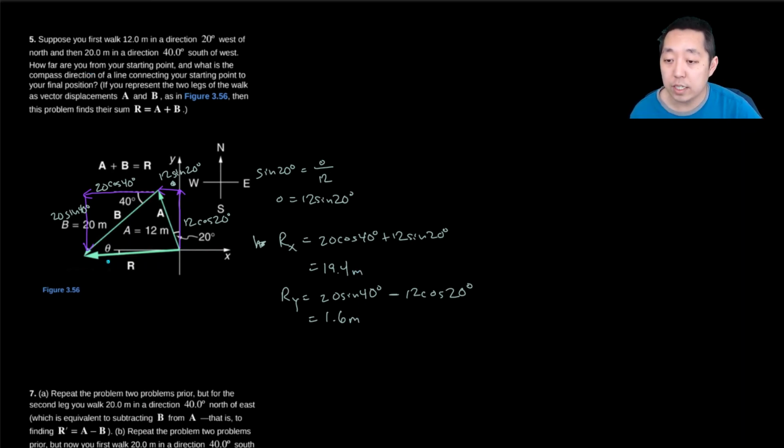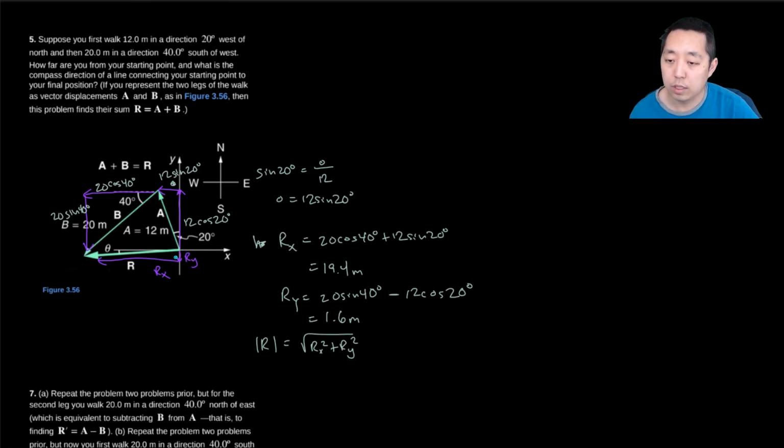And so last, I just need to find the length of this at this point. So the magnitude of R, the magnitude of this vector, is the square root of the x component squared plus ry squared. Because it's just like before, we have a vertical component and a horizontal component, and that's what we've ultimately summed up. This is r sub y and this is r sub x.